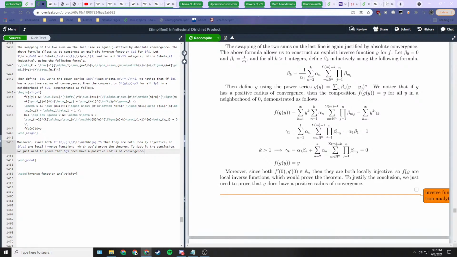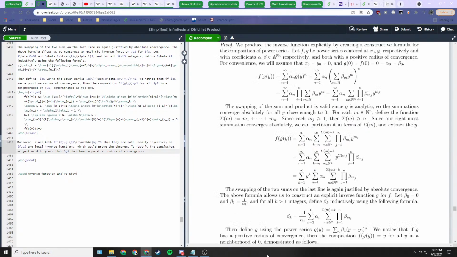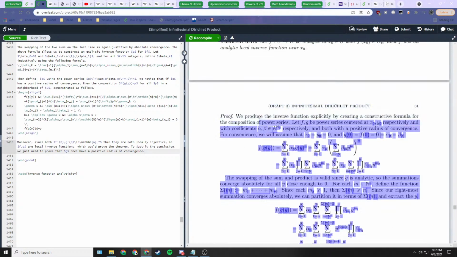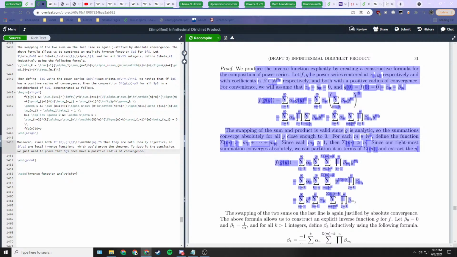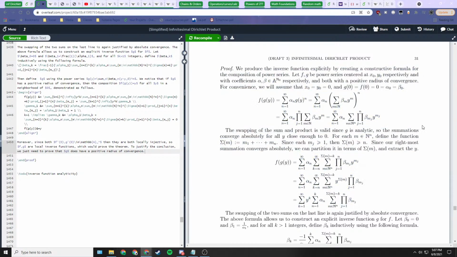Yes, so to complete the theorem, we just have to prove that actually, yes, g does have a positive radius of convergence. Also, I might take all of this portion of the proof and put this maybe in the power series section. Actually, this would be the most useful, because this is quite straightforward. I think it could definitely be put there.